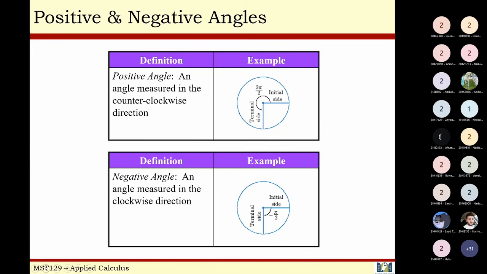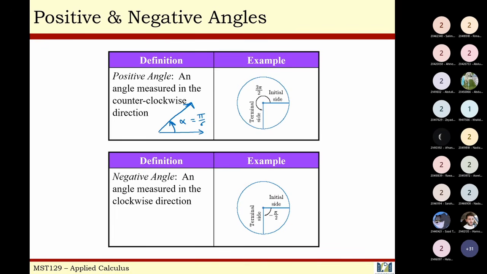Now we have the positive angle and negative angle. This is positive if we have an angle like this and the direction is counterclockwise. So the alpha may be, for example, pi over 6.